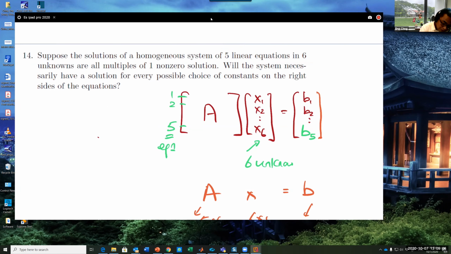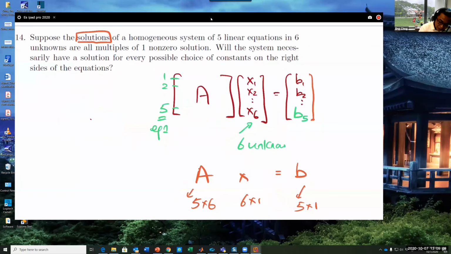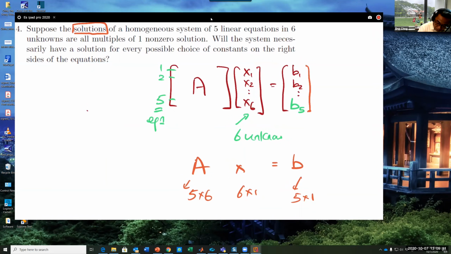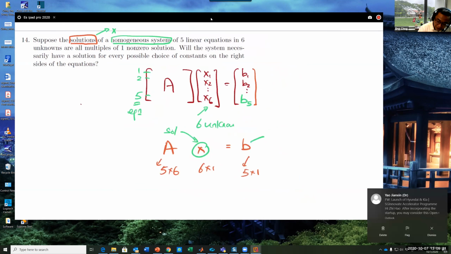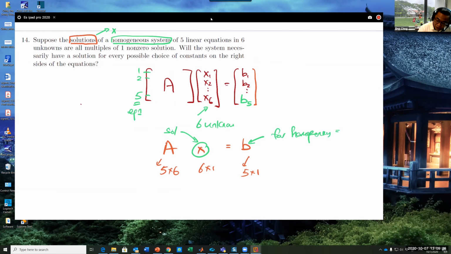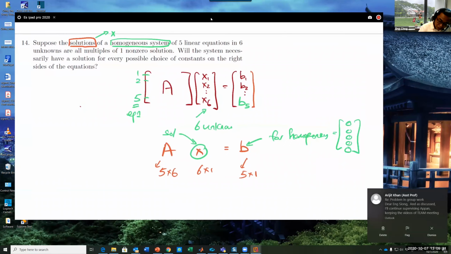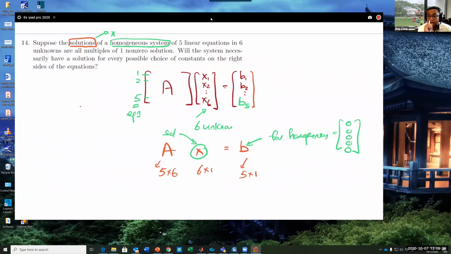So he's telling us that the solution, what is the solution? Who's he talking about? Solution is X. So this is the solution. Homogeneous means the right hand side is equal to the 0 vector. The solution such that the right hand side is 0 vector has one non-zero solution.